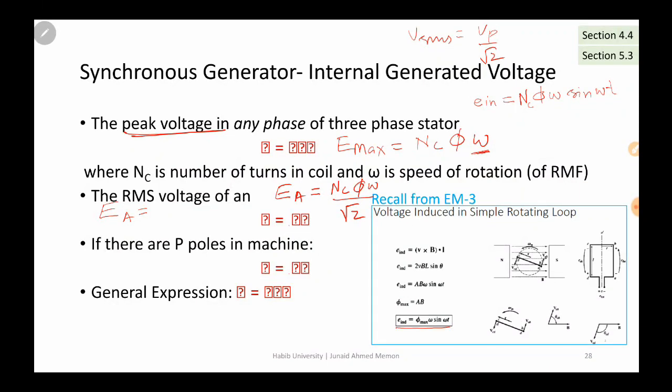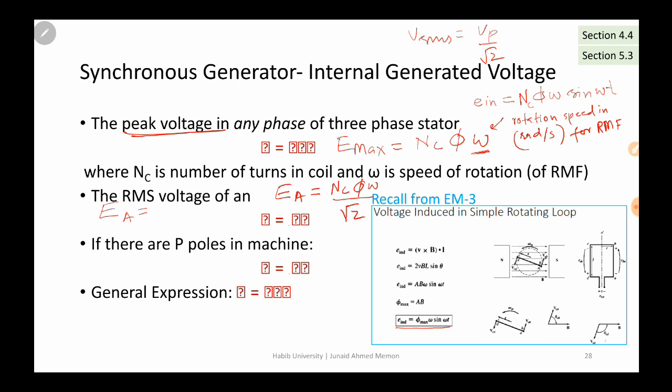So if you have P number of poles, in this expression this omega is the rotation speed in radians per second for the RMF, the rotating magnetic field that we have from the rotor.